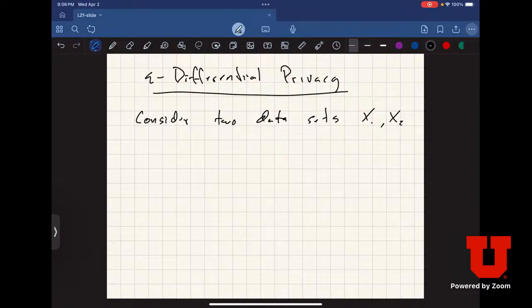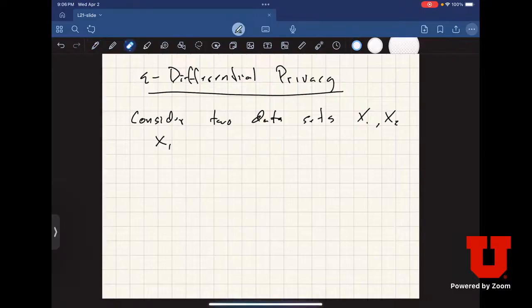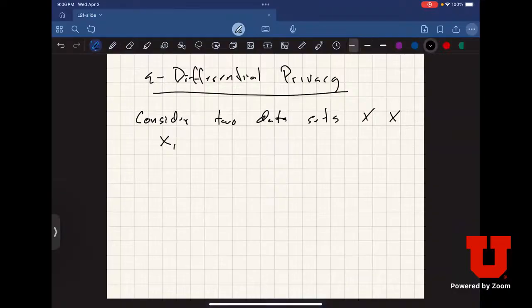They should be off by one from each other. Let's call these X and X prime, and we'll say that data set X is a bunch of values, X1, X2, up to Xn.